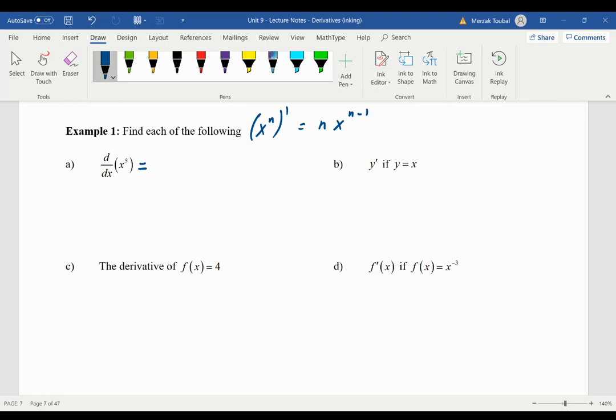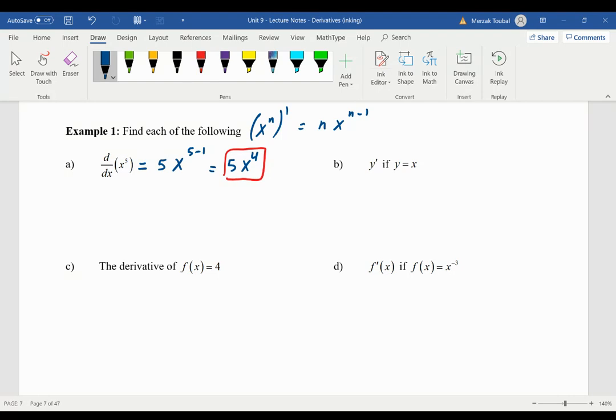In example A, n is 5. So it will be 5 times x to the power of 5 minus 1, which is 5x to the power of 4, and that's the instantaneous rate of change.